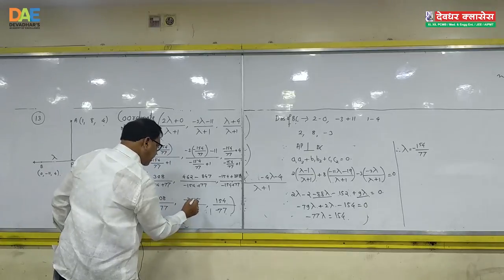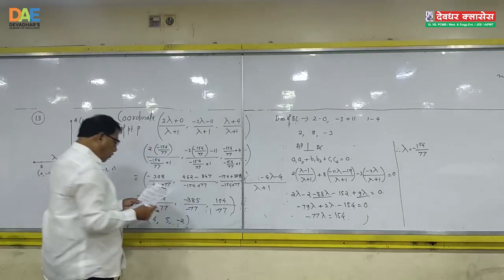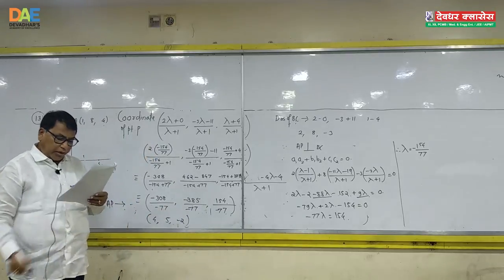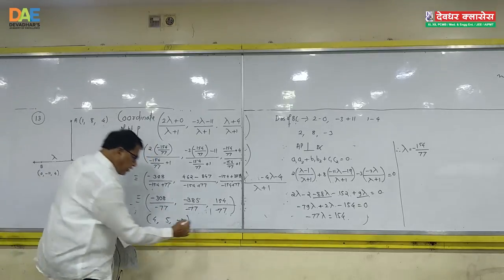That is minus 4, 5, minus 2. D choice is your answer.